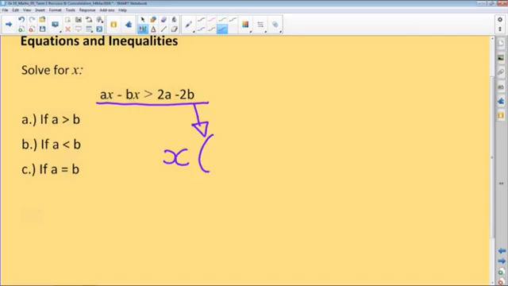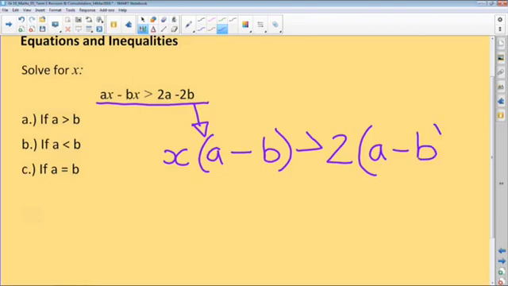And I'm going to take out a common factor of x, giving me a minus b. And then on the other side, I'll take out a common factor of 2, giving me a minus b. So now this makes it a lot easier to deal with. Remember what we were talking about with bigger numbers minus smaller numbers.